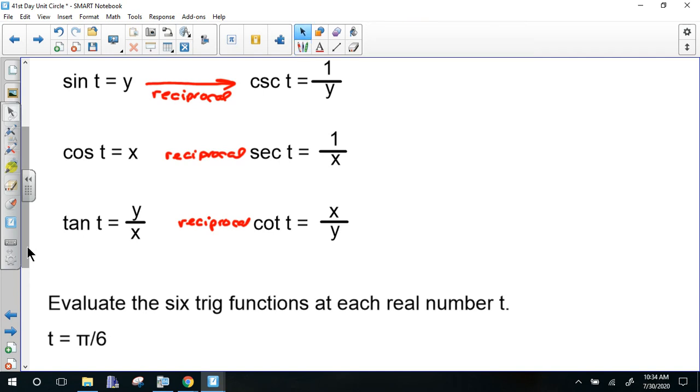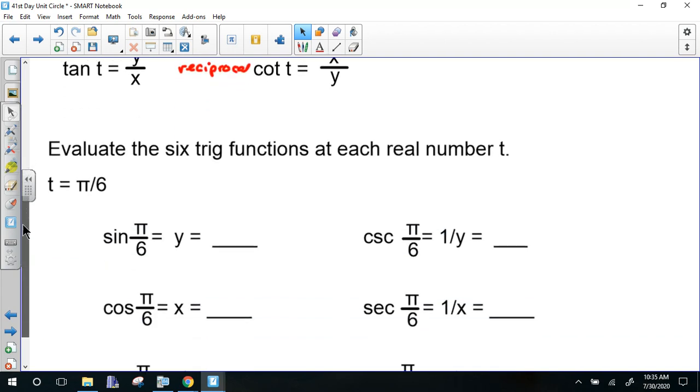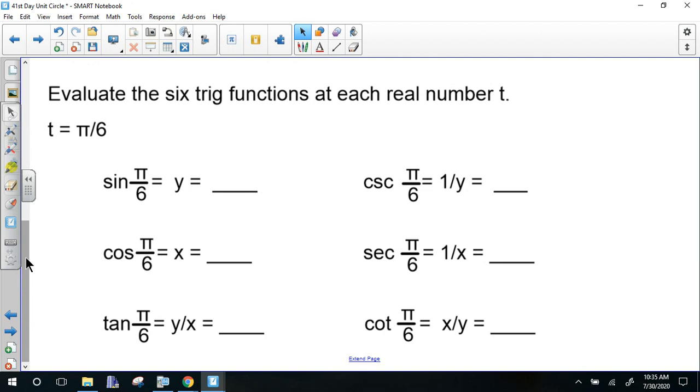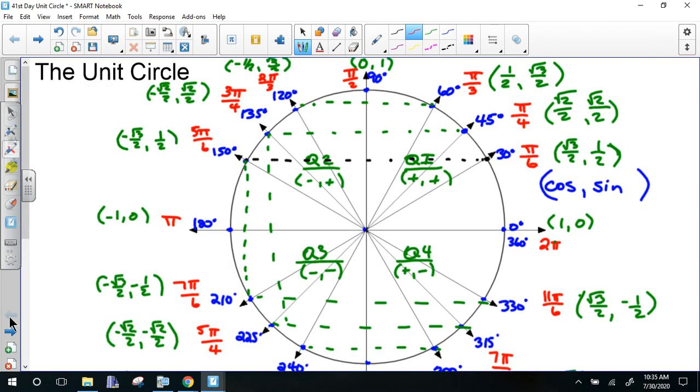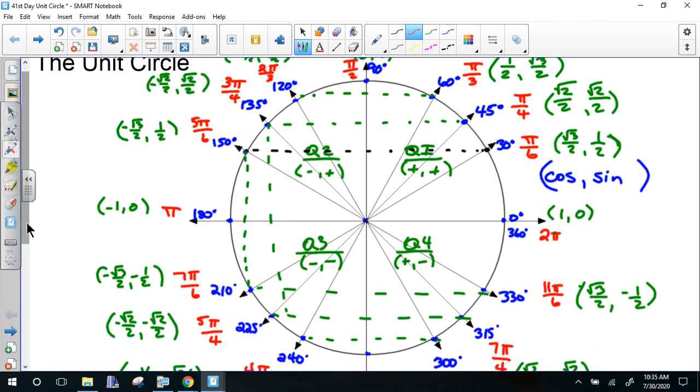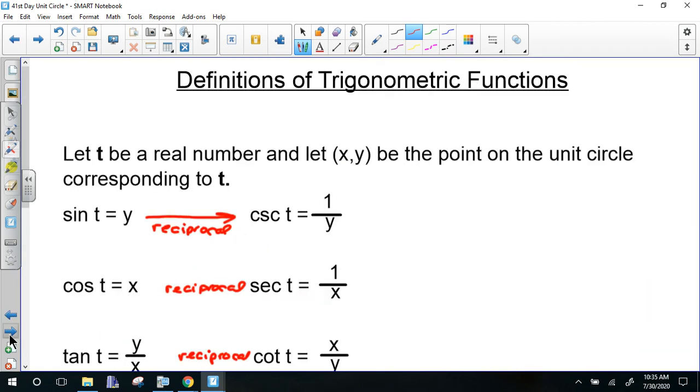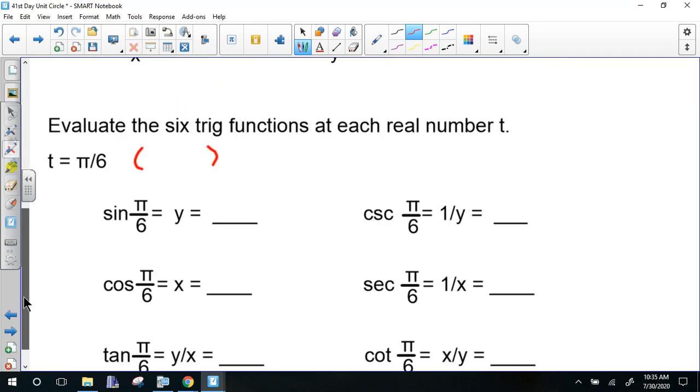Okay. So here's what we're going to do. We're going to take one angle off the unit circle and we're going to reproduce these 6 trig functions. We're going to use pi over 6. Okay. So at pi over 6, what is my x and y coordinate? Well, if you look back at your unit circle, pi over 6 is square root of 3 over 2 and 1/2.